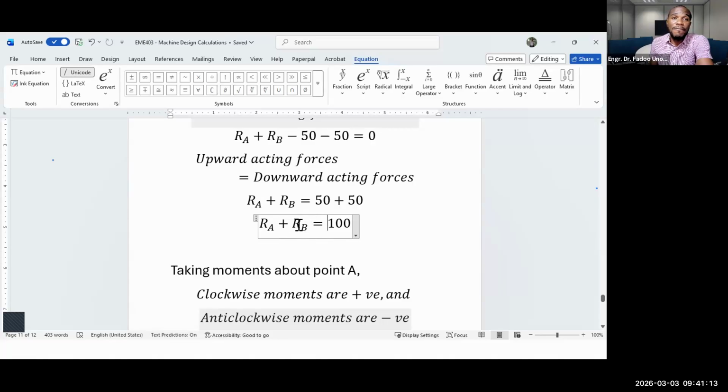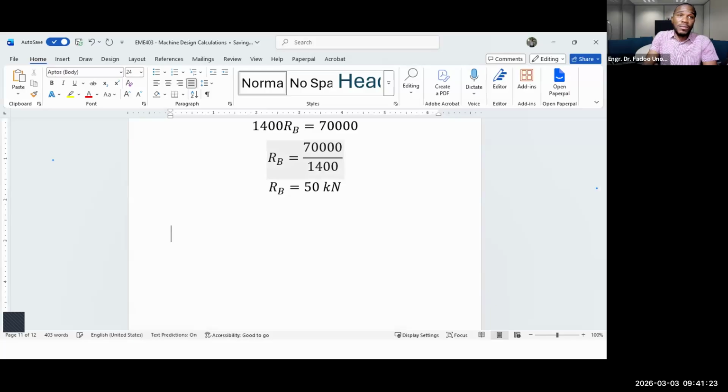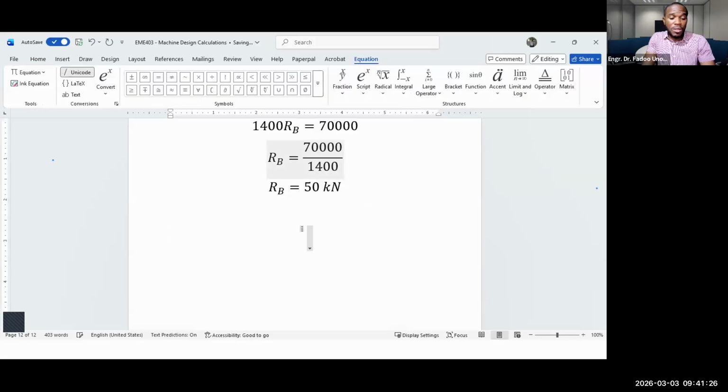So we have your RB to be 50, and we said if you sum RA and RB, you'll have that, okay? So we come back here. It follows that our RA is 100 minus RB.